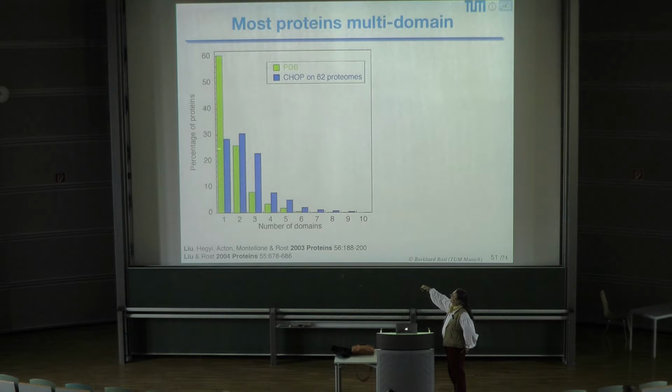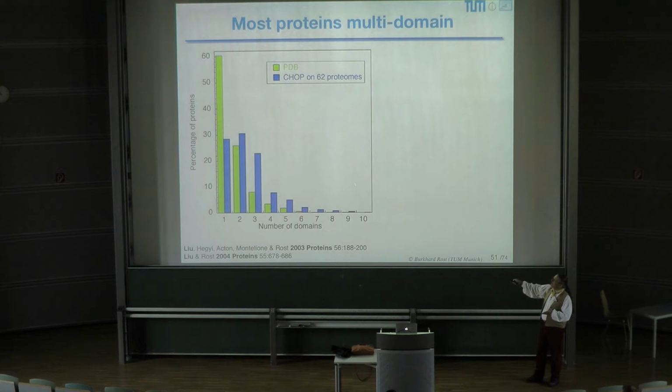Something like 6% have two domains, and so forth. So green clearly is why that statement, most proteins are single domain, is true. Blue is entirely sequenced organisms. PDB, what that hides that word, are proteins of known three-dimensional structure. Blue are just all the proteins, where we in some way infer domain-like regions.